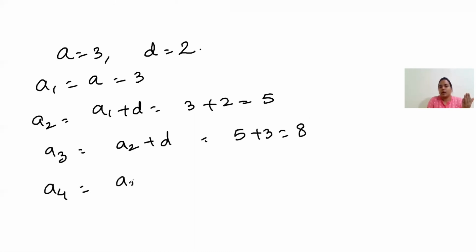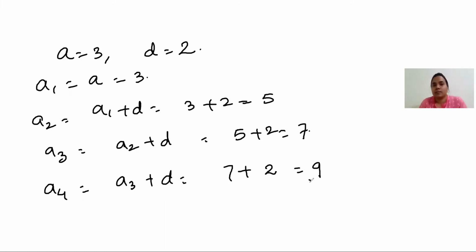A4 will be A3 plus D, that is 7 plus 2, 9. So our AP is 3, 5, 7, 9, and it will go on like this.